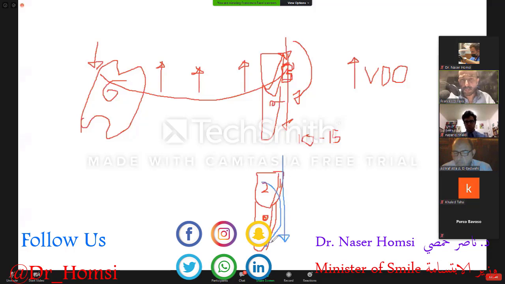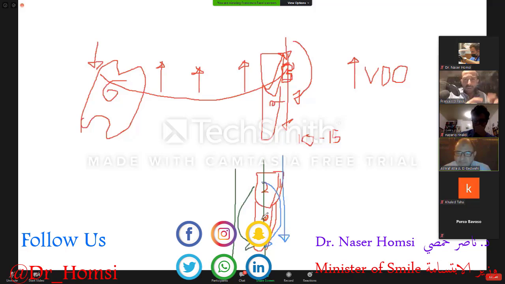If the force passes exactly through the center of resistance, we will intrude without proclination. And should we go distal to the center of resistance, we could even intrude with retroclination. This is more difficult from a technical point of view, but in segmental arch technique, the effect depends on the line of action of the force regarding the center of resistance of the lower incisor.